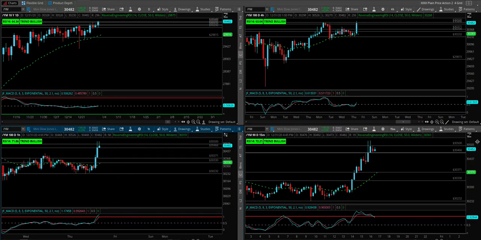I have my way of doing it. You guys may have your own. But if you're not looking at all four of these time frames, then you're doing yourself a disservice, and you're not getting a full picture of the price action and how they're all interconnected between the higher and lower time frames.